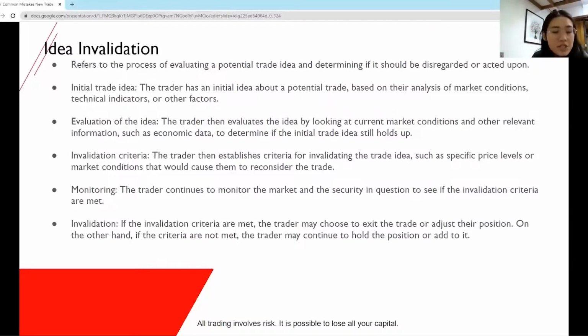If the invalidation criteria are met, the trader may choose to exit the trade or adjust their position. On the other hand, if the criteria are not met, the trader may continue to hold the position or add to it. In short, idea invalidation is a crucial step in the trading process to help traders like yourselves make informed decisions about their trades and avoid potential losses.